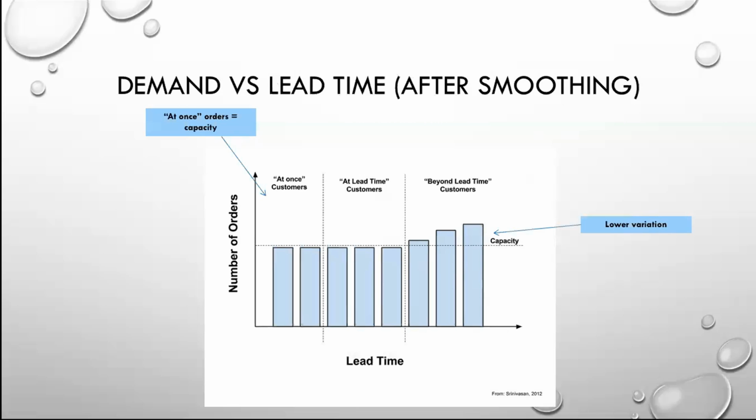What happens sometimes is you'll get your demand. What I've seen personally is even if you smooth your demand, your marketing team may still do sales that may push your demand above capacity.